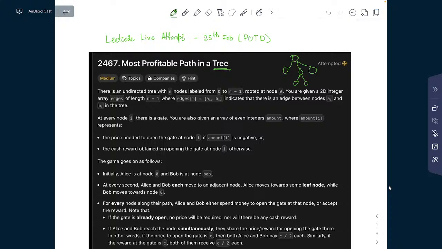So there are n nodes, basically each node has a unique value, and the value lies between 0 to n minus 1. There are total n nodes here, rooted at node 0. So this is the root node.